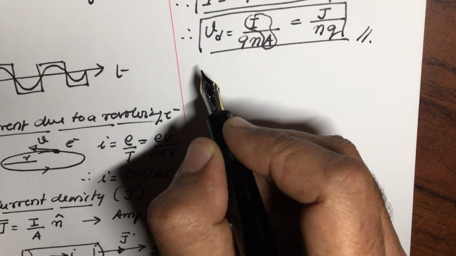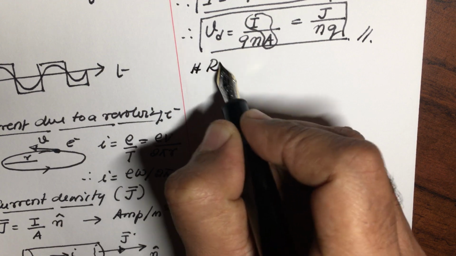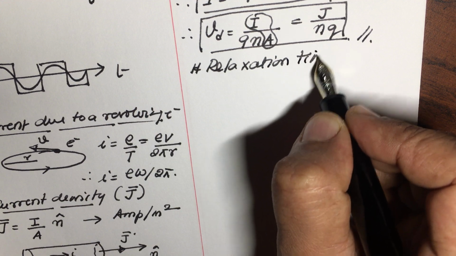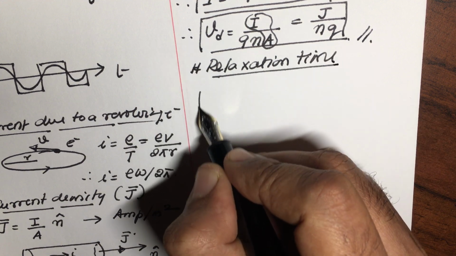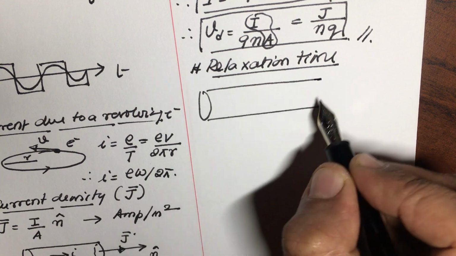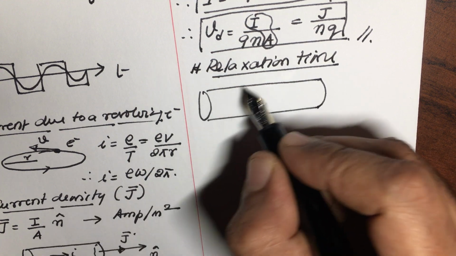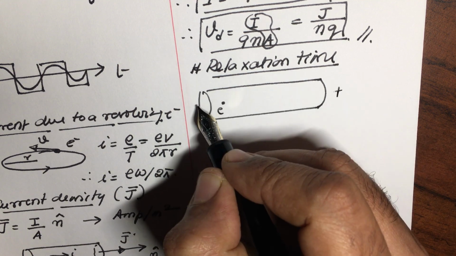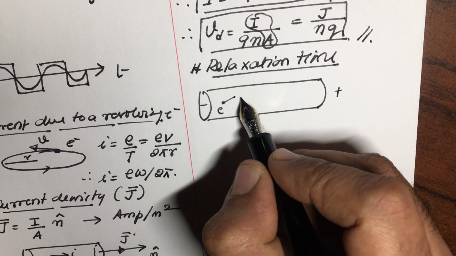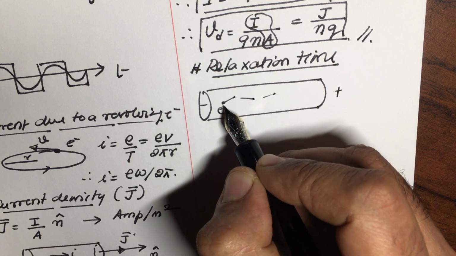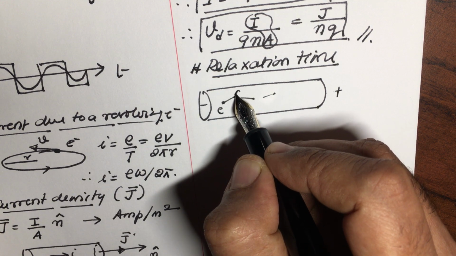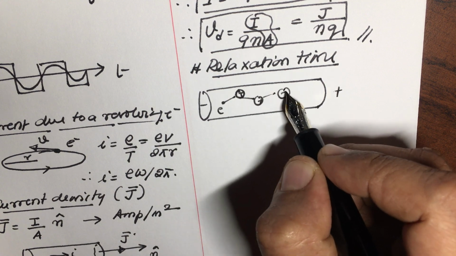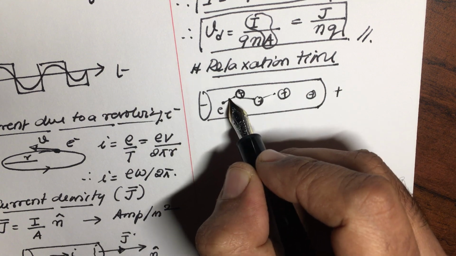Now we define something known as relaxation time. If you have a conductor over here, and the charged particles are in a state of random motion, this is a positive end, this is a negative end, it is drifting in that direction. When it is going from here to here, let's say it collides with a positive ion, then another positive ion, and another. So it will keep colliding.